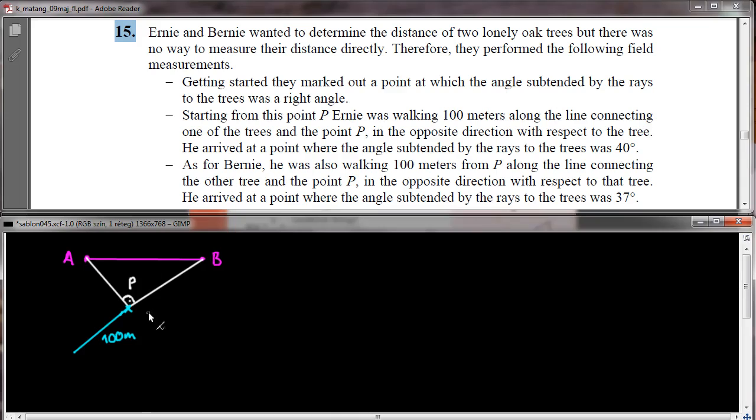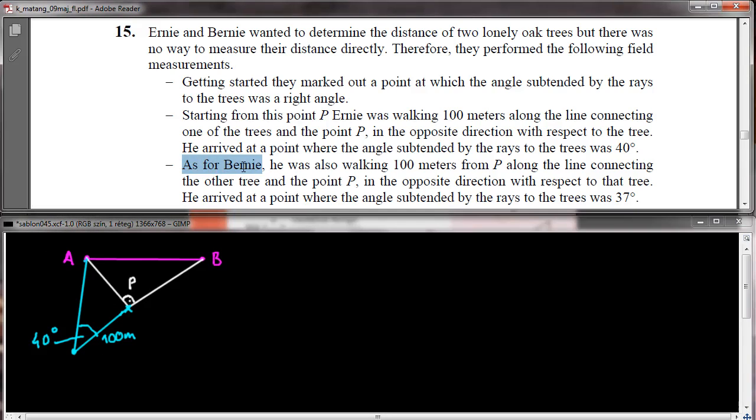So he started walking not this way, getting closer to the tree, but getting further away from it. He arrived at a point, this is the point, where the angle subtended by the rays to the trees was 40 degrees. It means that from this point, this line, the distance of the tree, it was 40 degrees. Okay, so that's where he went.